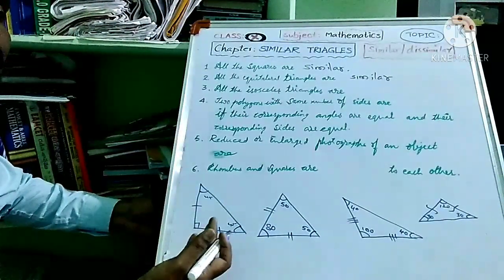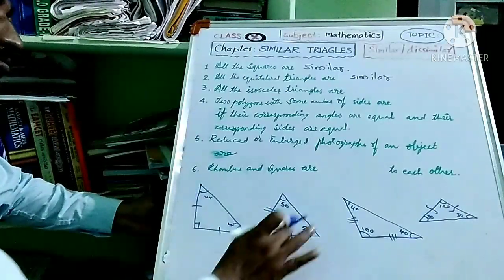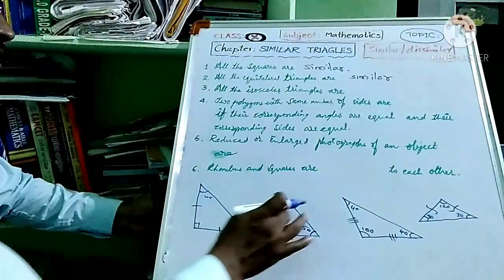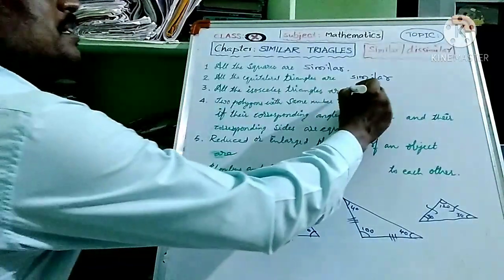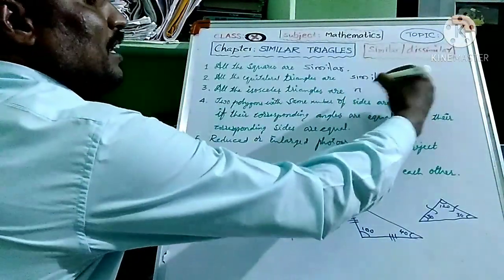No need to observe the sides here. So these are not similar. In the same way, all the remaining isosceles triangles are not similar.